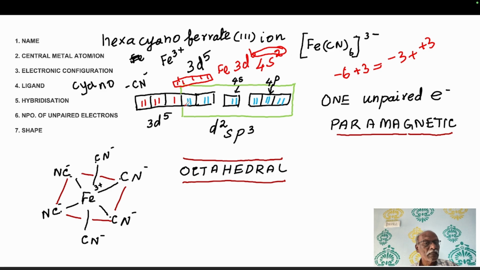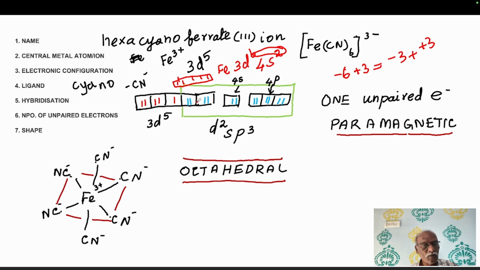Put together, 6 vacant orbitals are made available by the action of CN minus. Because it is a strong field ligand, it can manipulate the electronic configuration of the 3d orbitals and thus give rise to this structure.